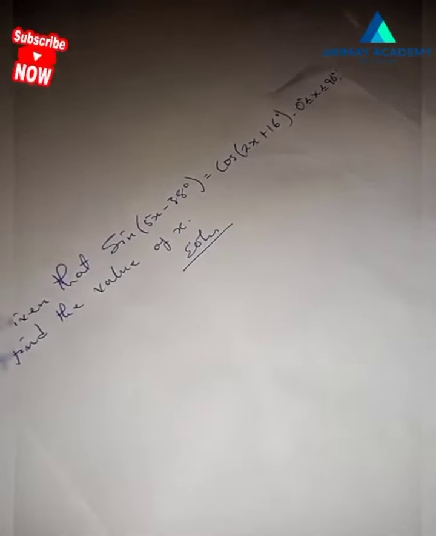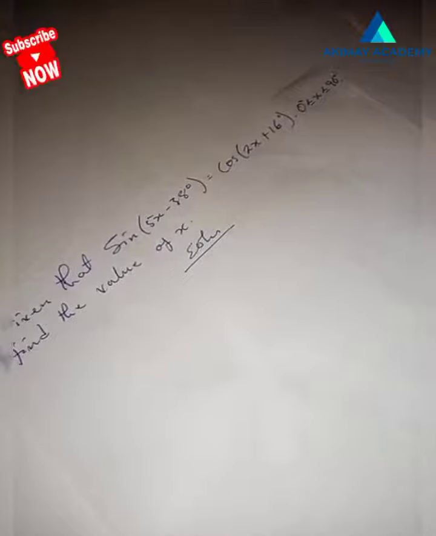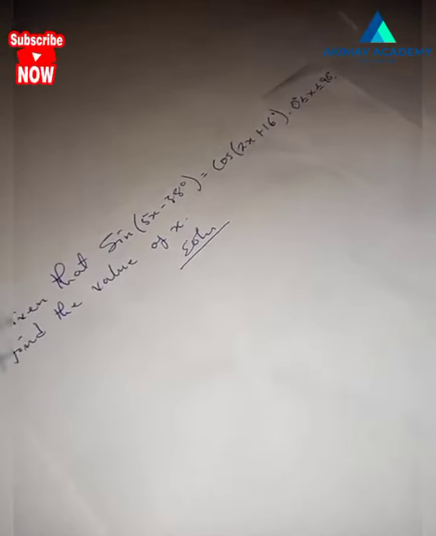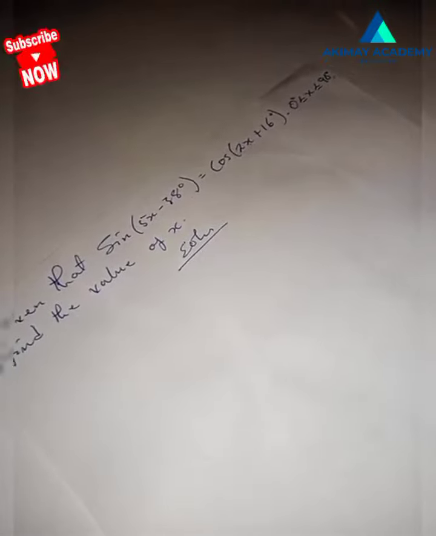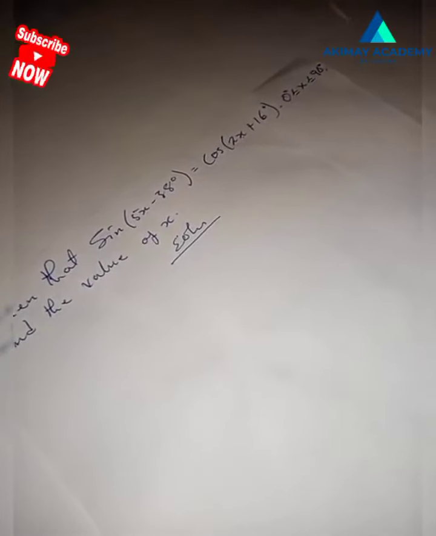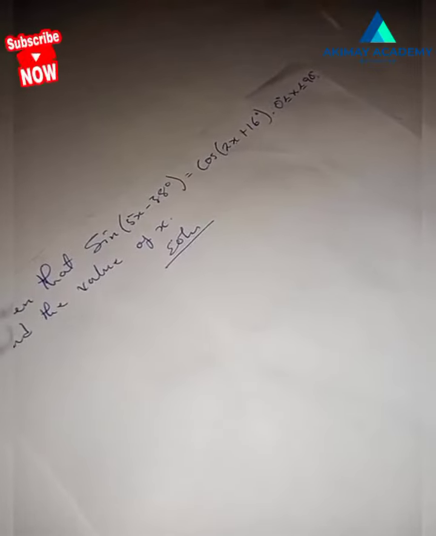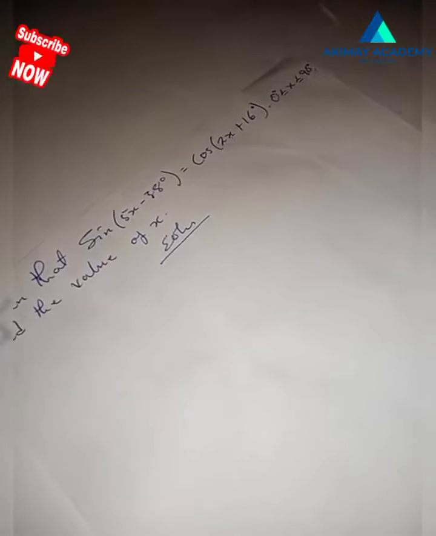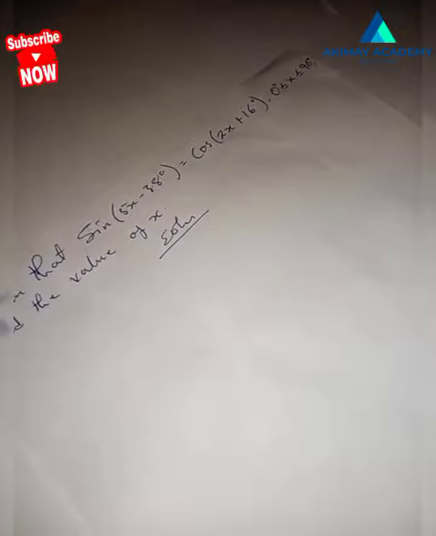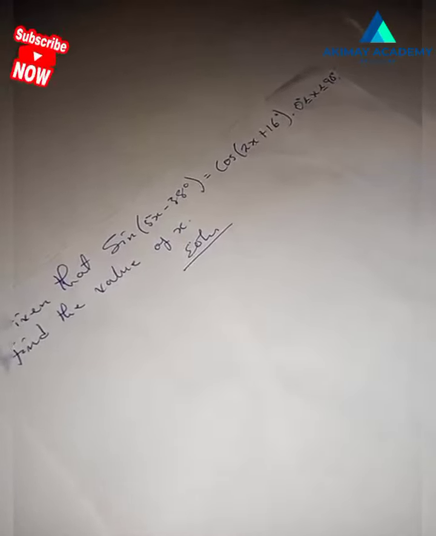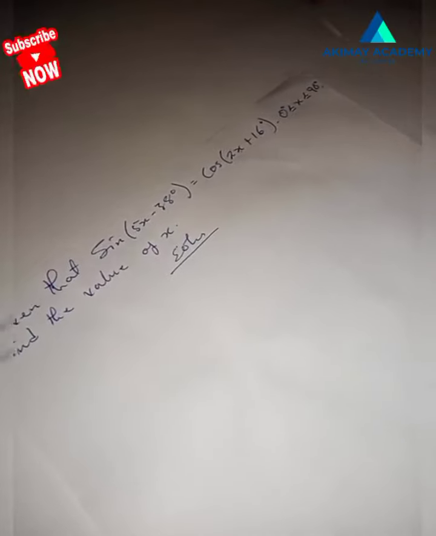So if you have sine 15 degrees, then automatically sine 15 degrees should be equal to cos 75 degrees, because 75 plus 15 gives us 90. So that's how it works.